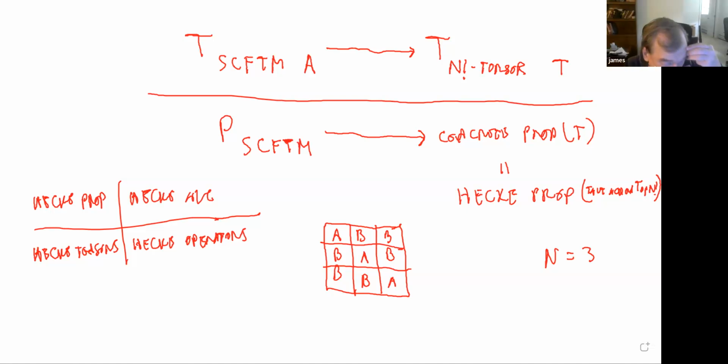And the fact that the image of that composite prop homomorphism would be just the Hecke props, that would be one expression of the philosophy that you were suggesting last time.